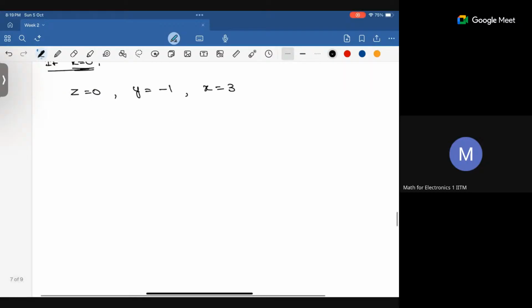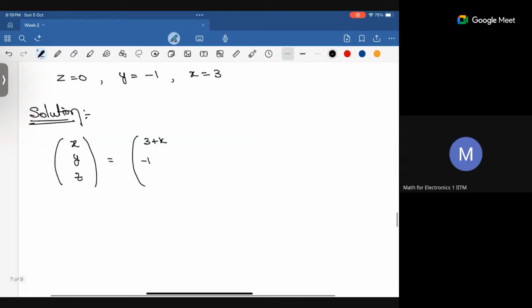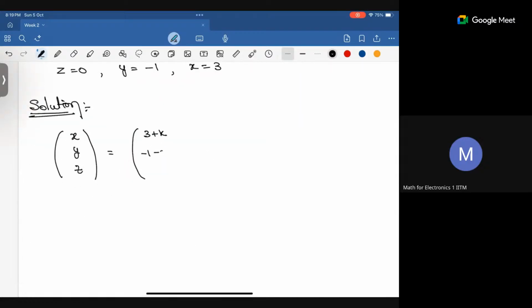Now how to write the solution? The solution for this system, we will represent it like a vector. So x, y and z is the solution, and x is 3 plus k, y is minus 1 minus 2k, and z is k.